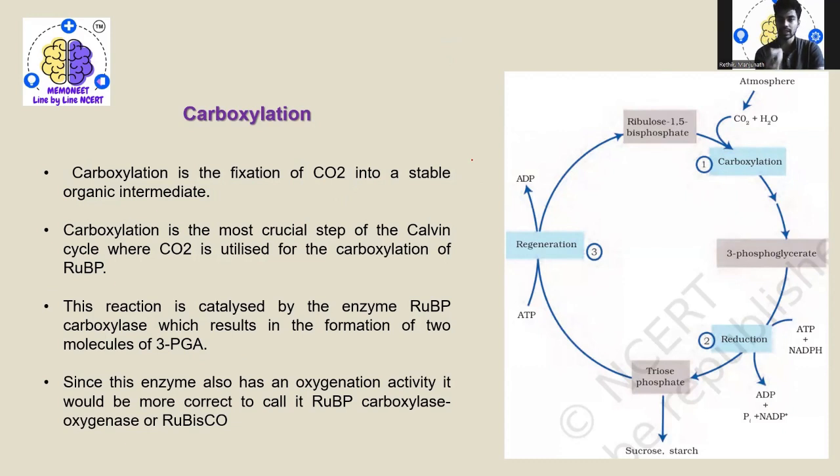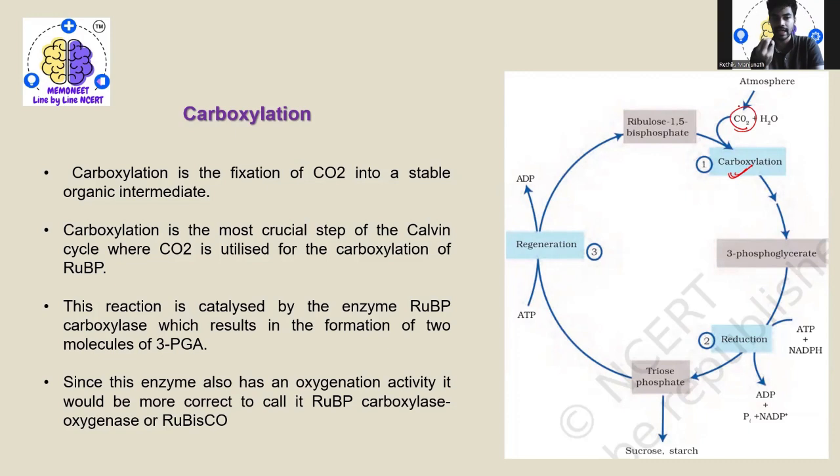So this is the carboxylation. Carboxylation is a very important and crucial step in the Calvin cycle, where carbon dioxide is utilized for the carboxylation of RuBP.